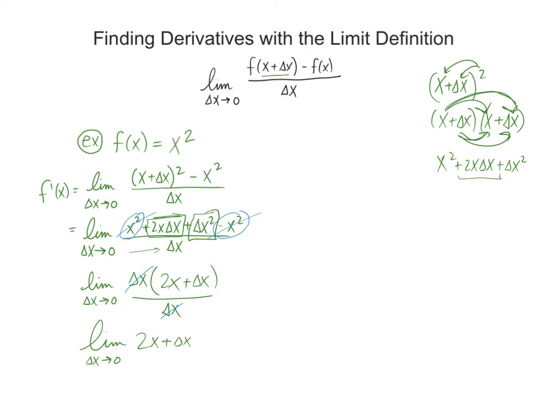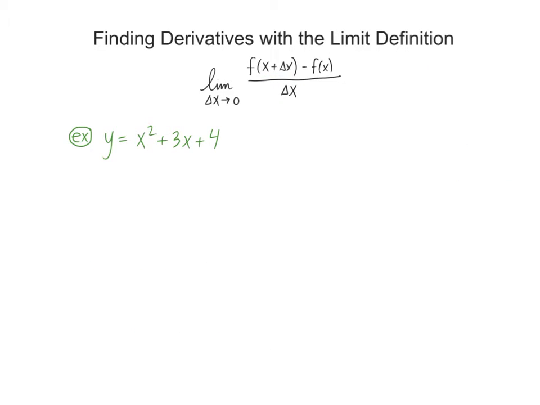Now we're at our simplest scenario where we just substitute 0 in for delta x. This becomes 0, and my answer is just the 2x. Okay, so we knew that 2x was the derivative of x squared. These are the steps that would get us to that point.